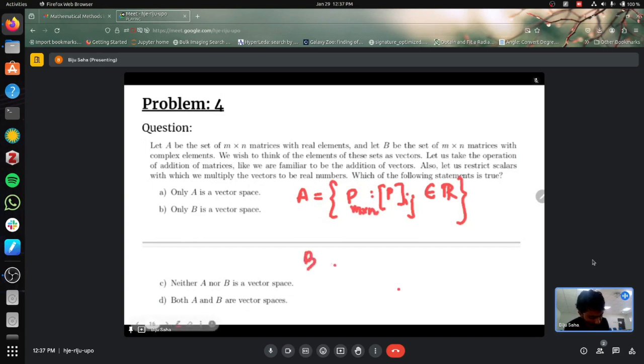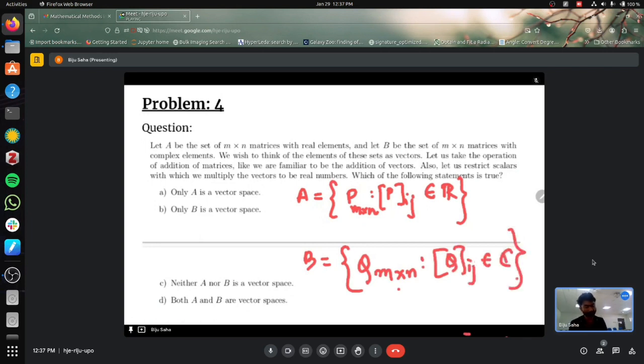And the other set is again m cross n matrices, but the individual elements are complex. These are the two sets. Now we have to check whether these two sets form a vector space or not. It is over a scalar field, so we are restricting the scalars with which we multiply the vectors to be real numbers. Remember, in closure we were multiplying each vector with a scalar.